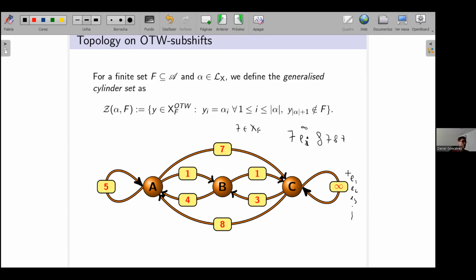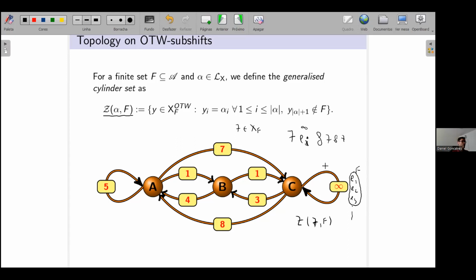So what we do here is we choose a finite collection of edges that follow 7 that we don't like. For example, this F that I have in the definition, this Z of alpha F, from the finest Z of 7F.